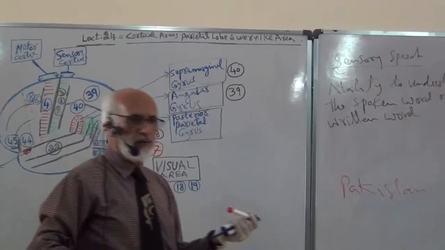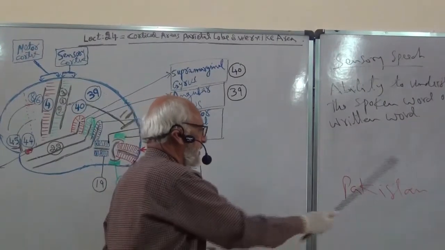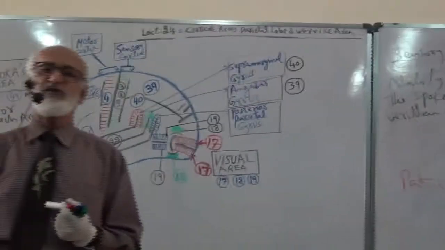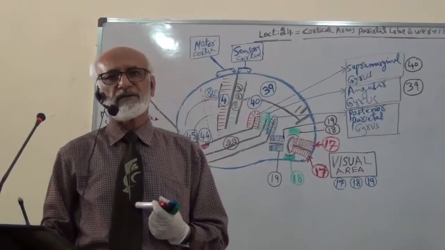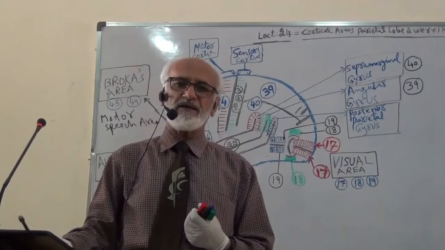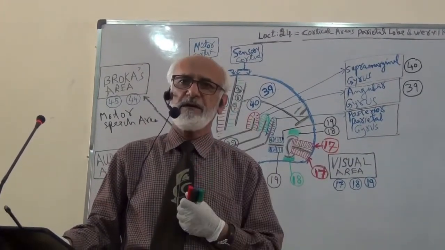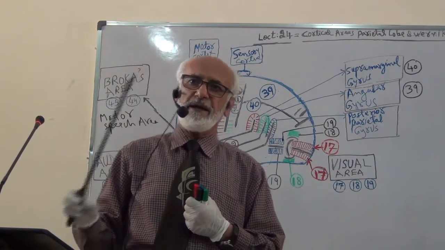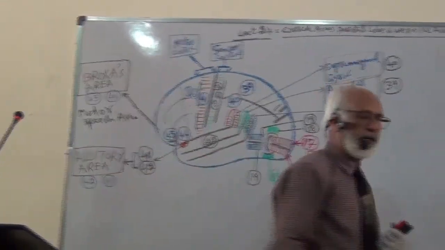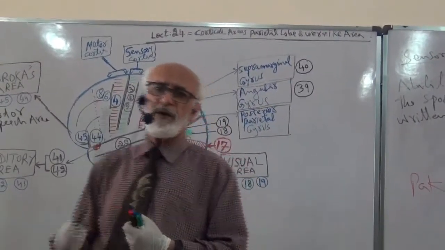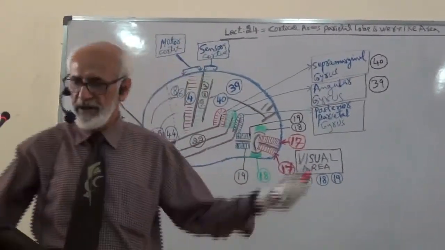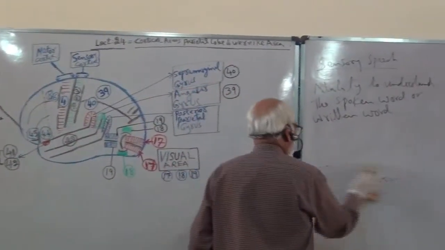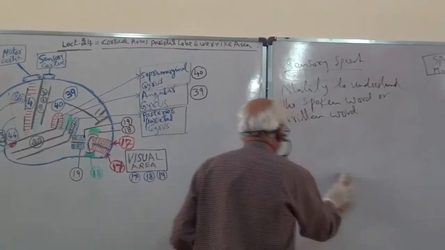The normal person will read it out, Pakistan. But if there is a lesion of the sensory speech area, when I ask the patient to say Pakistan, although he is listening, he is unable to understand it. He will not repeat Pakistan. Then I will write the word Pakistan and ask him to read it out. He will be unable to read it out, although he can see. So in this way, the sensory area is affected.